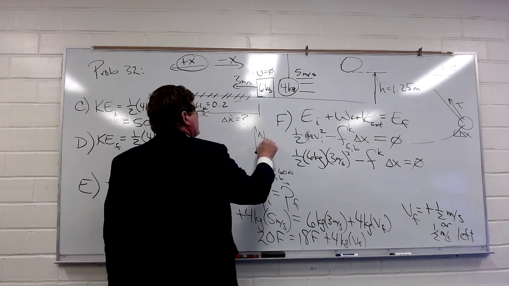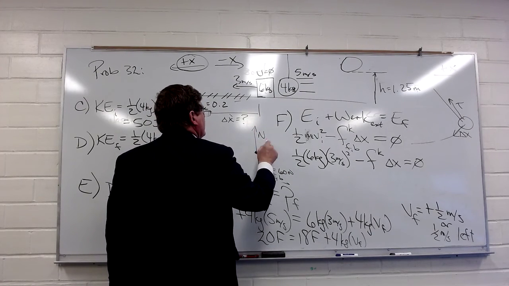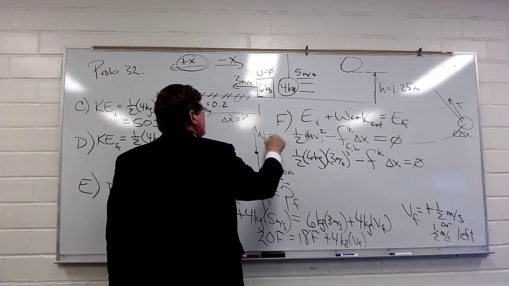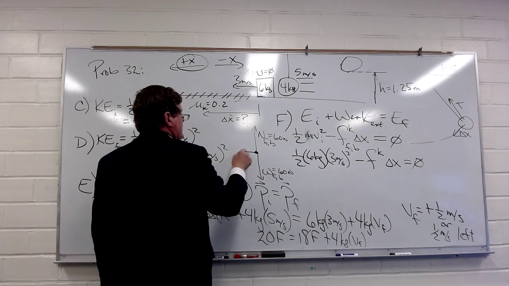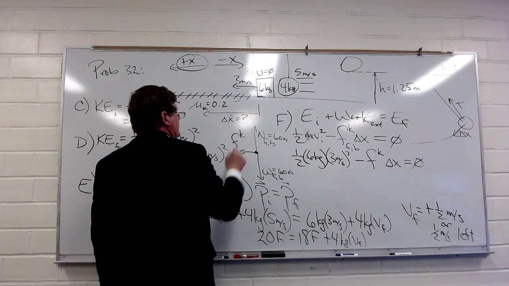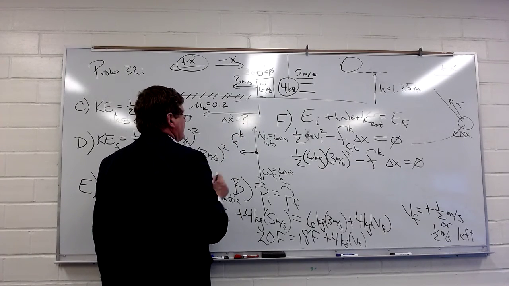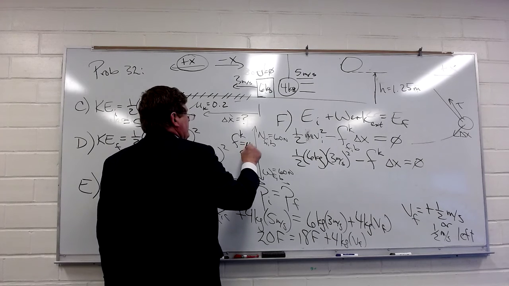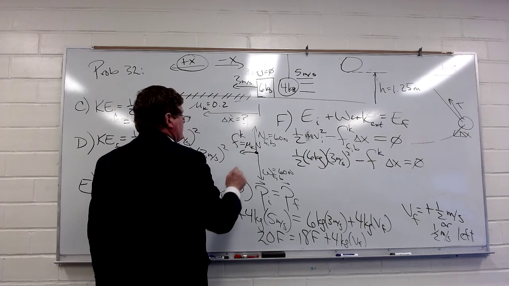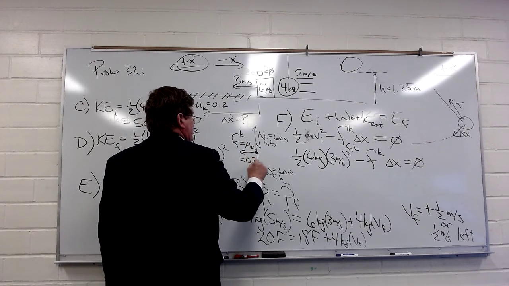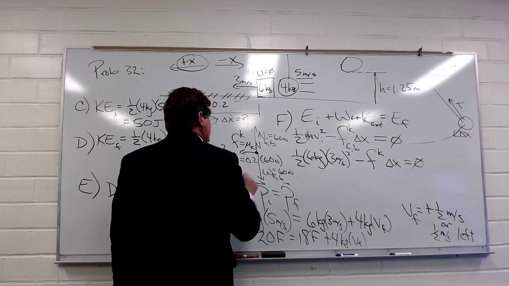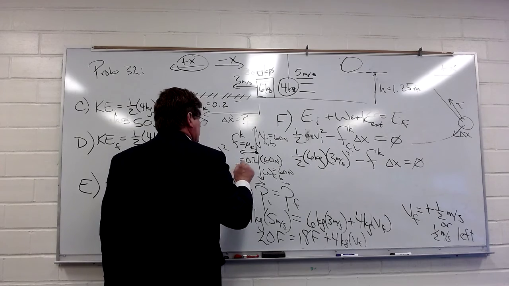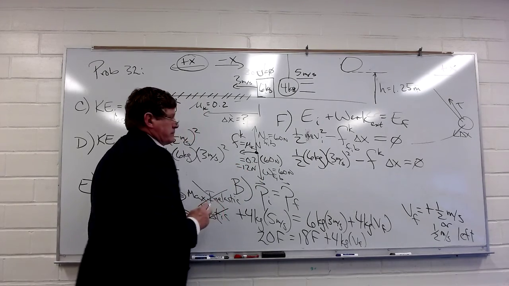The normal force by the floor on the block is also going to be 60 newtons because there's no acceleration up or down. This kinetic friction is the easy kind of kinetic friction. That's just mu sub k times the normal force. In this case, that's going to be 0.2 times 60 newtons, and that's going to equal 12 newtons.